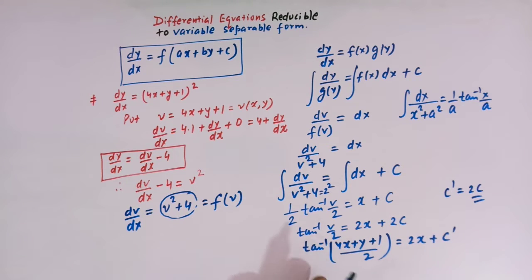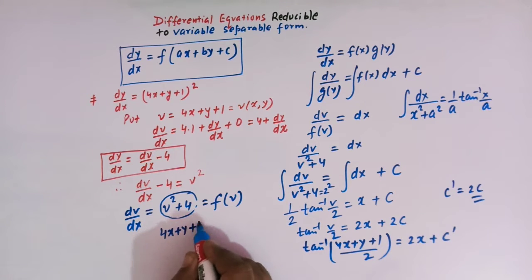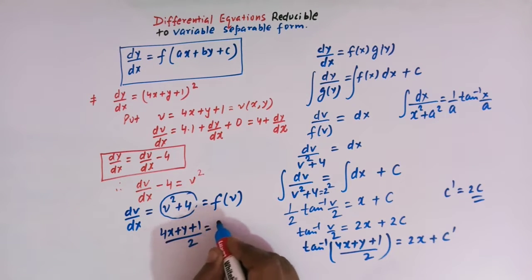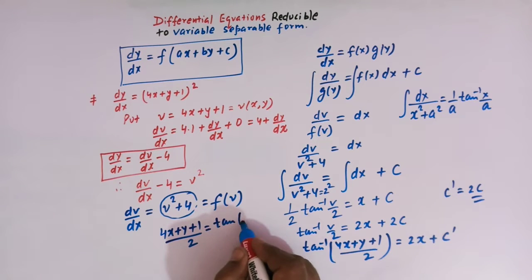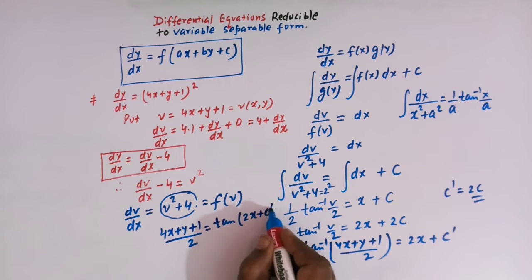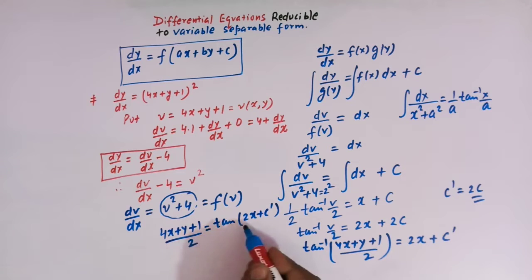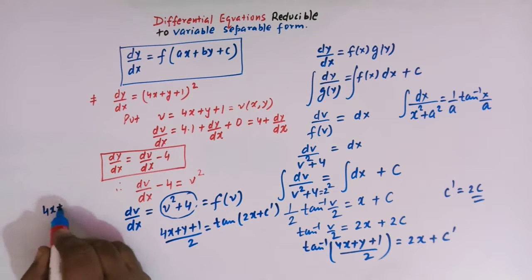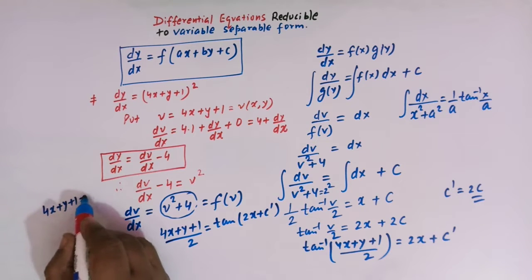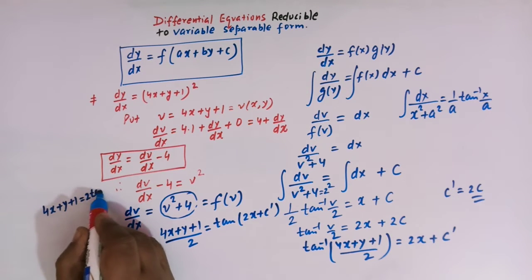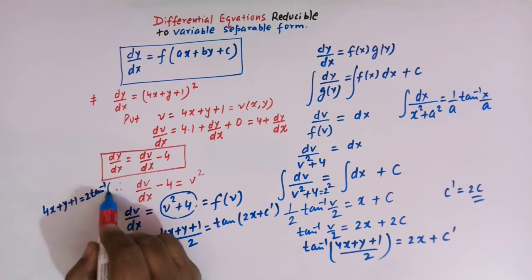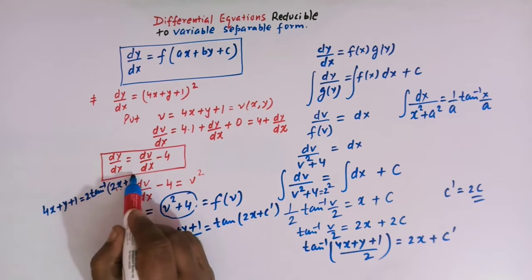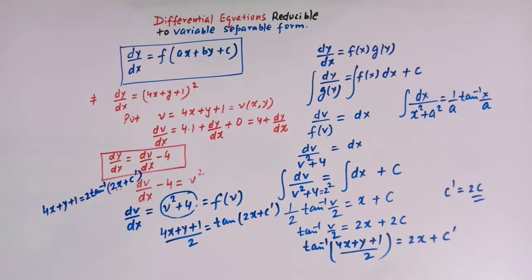Where c prime is some other constant, so c prime is equal to 2c. And now if we take this tan inverse to this side, we'll get (4x plus y plus 1) over 2 is equal to tan of (2x plus c prime), right? And we can also write it like this, that is 4x plus y plus 1 is equal to 2 times tan inverse of (2x plus c prime), right?